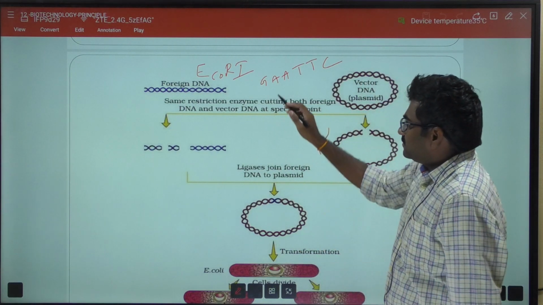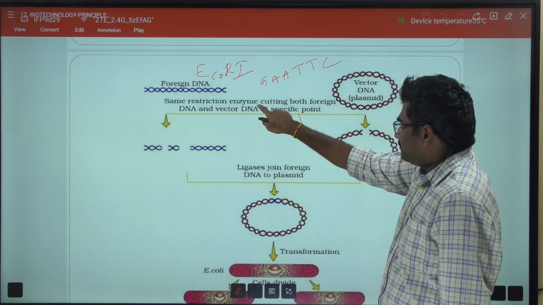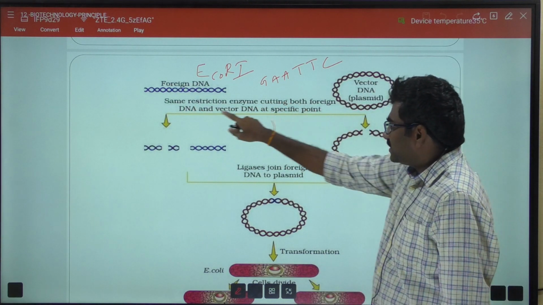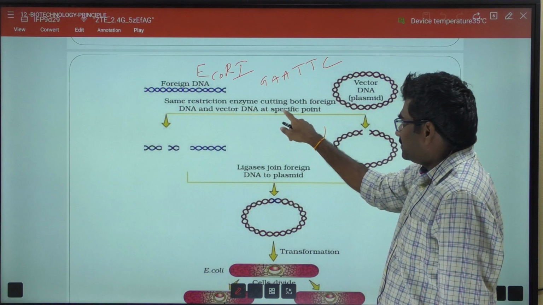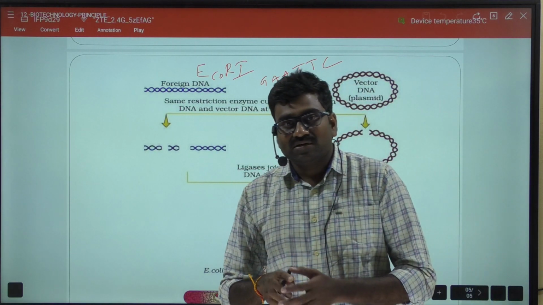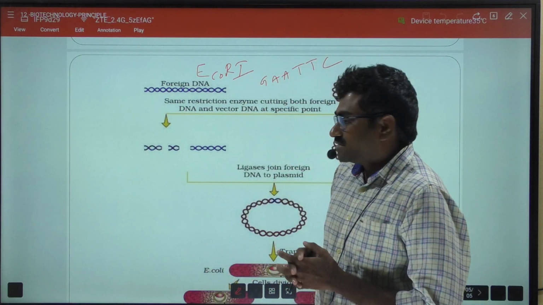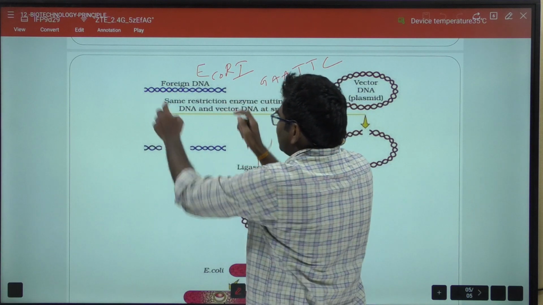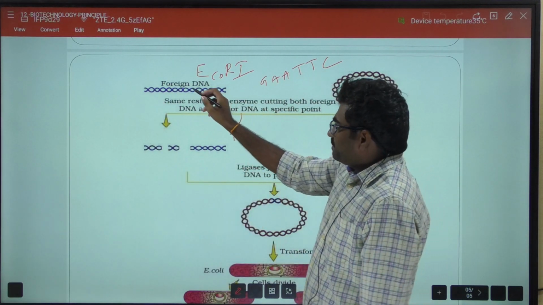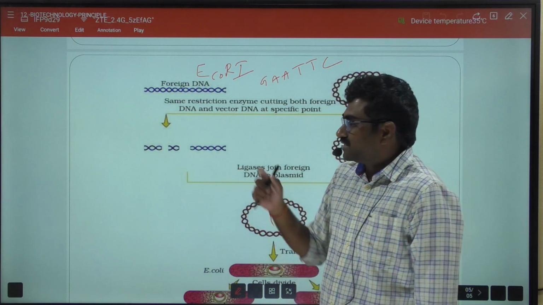So using the same restriction enzyme, both foreign DNA and vector DNA are cut at a specific point. In the last class we discussed that exonucleases cut the DNA at the ends, but endonucleases cut the DNA at specific locations. They recognize a specific sequence and cut the DNA.